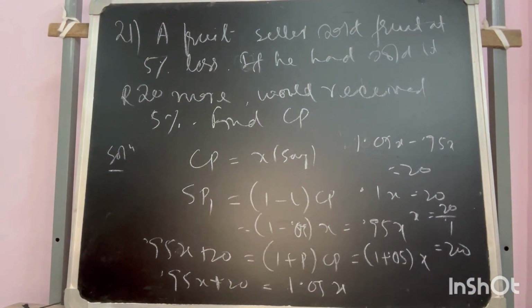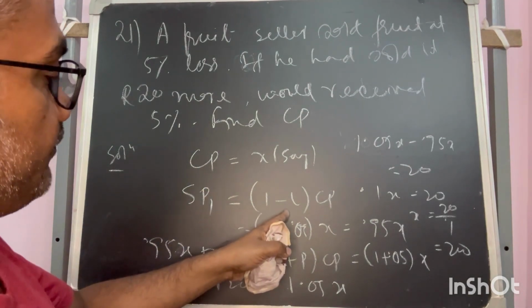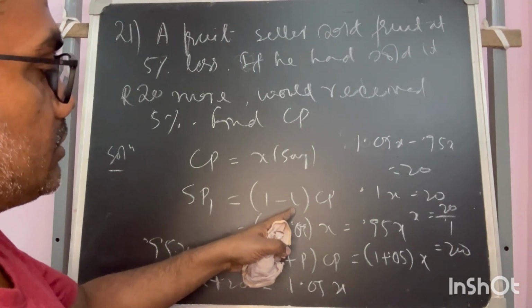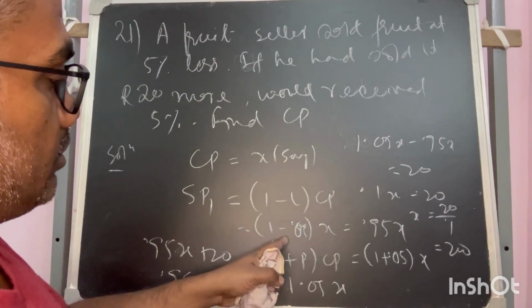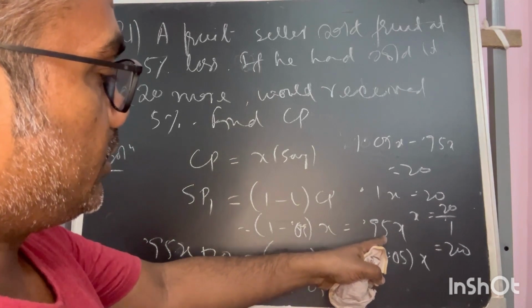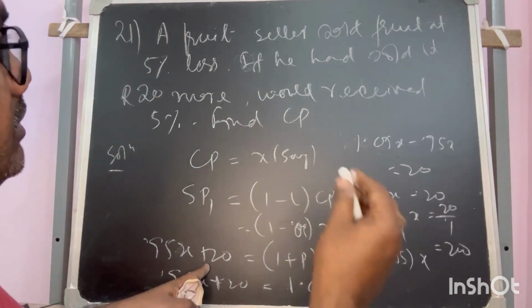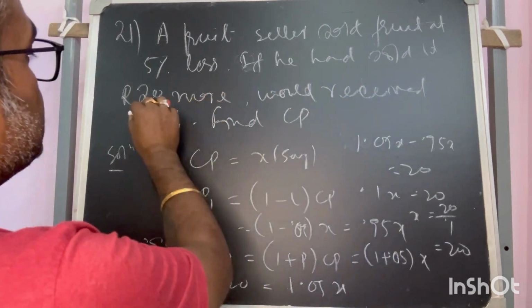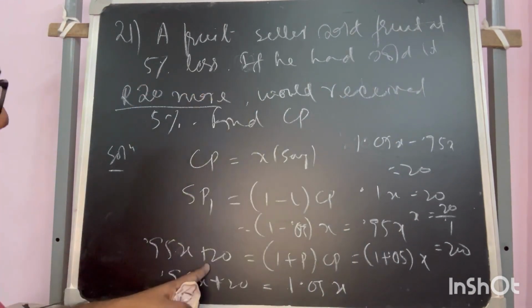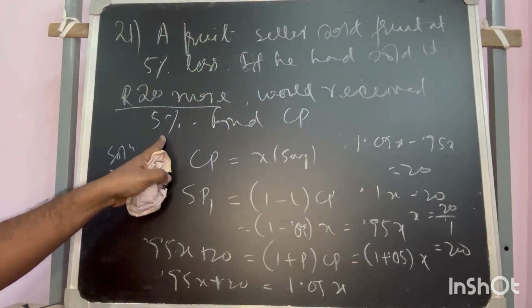Okay. So simply, I find the first selling price by this formula, 1 minus loss into CP. 1 minus loss equal to 1 minus 0.05, that is equal to 0.95X. He said the condition is that if he had added 20 more, then the loss will turn into a profit of 5%.